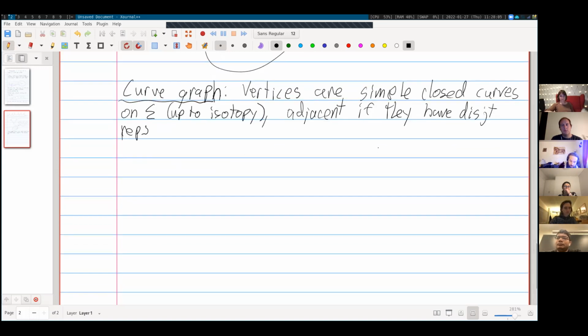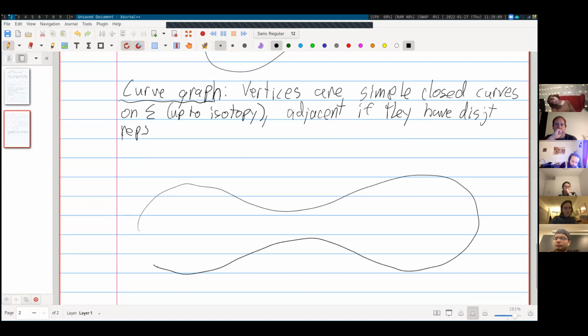So I'll draw my finite type surface again, right? So this blue curve and this red curve are connected.